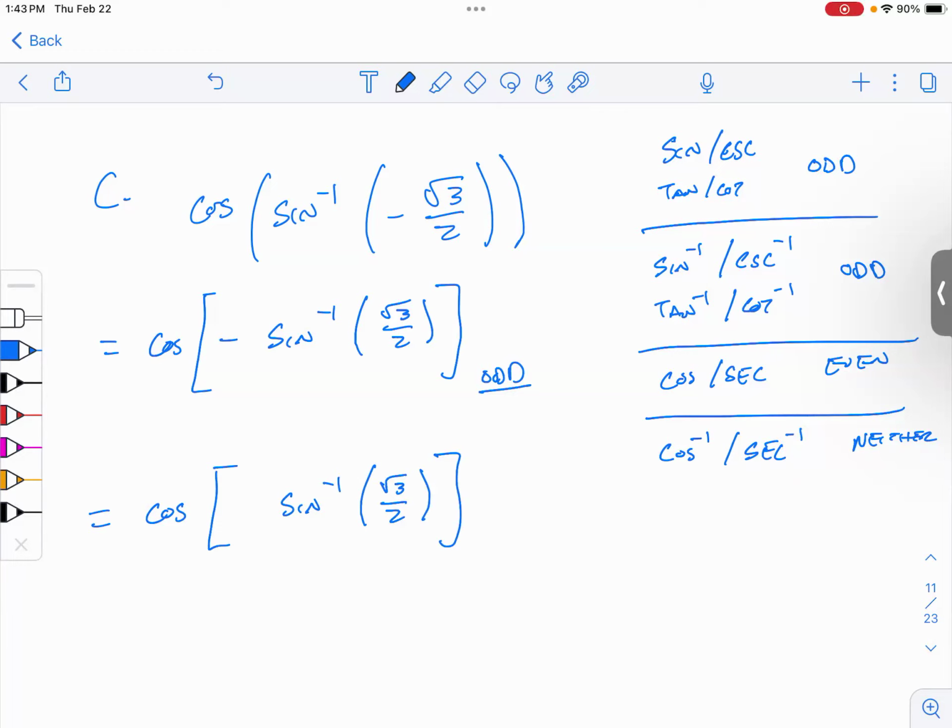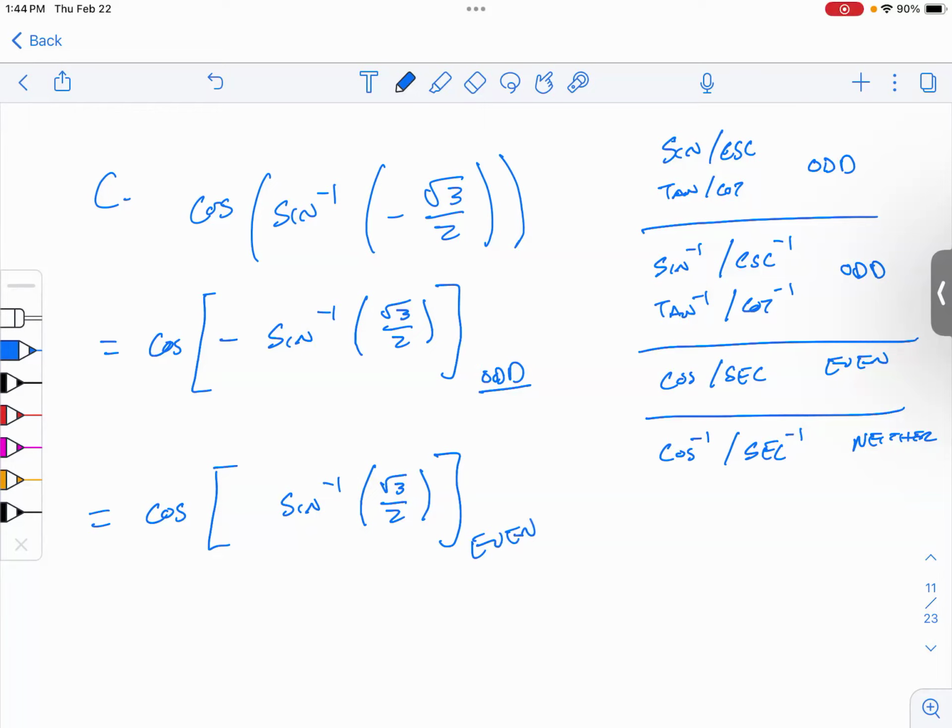Similarly, all right, now I have cosine of a negative. And cosine is even, so what happens to the negative? Yeah, it just drops, right? That's actually the best part. We just drop it, it's done. All right, and this is because it's even.